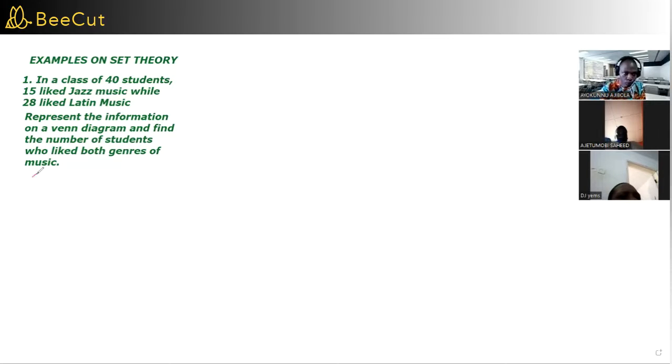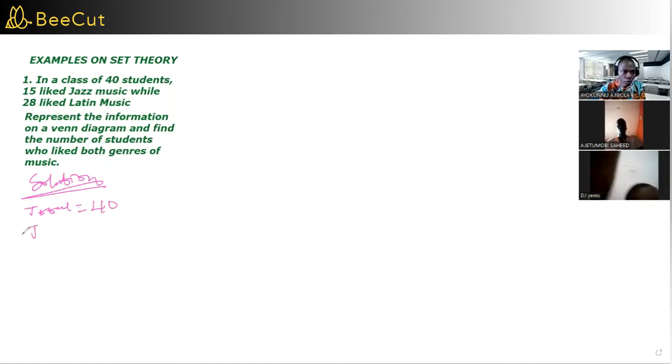Now, solution. We have 40 students as total population. Total is 40. But we can see the number who like jazz music is 15, while the number who like Latin is 28.